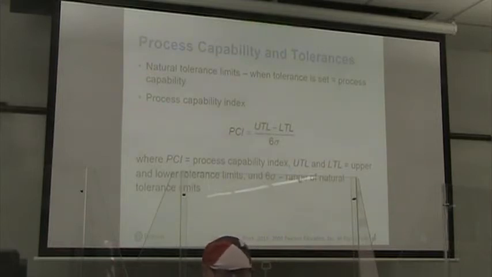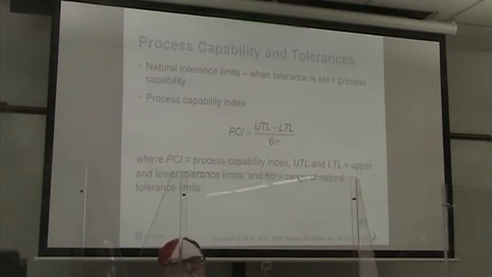So that's where PCI equals process capability index. UTL and LTL are upper and lower tolerance limits, and 6 sigma is the range of natural tolerance limits.